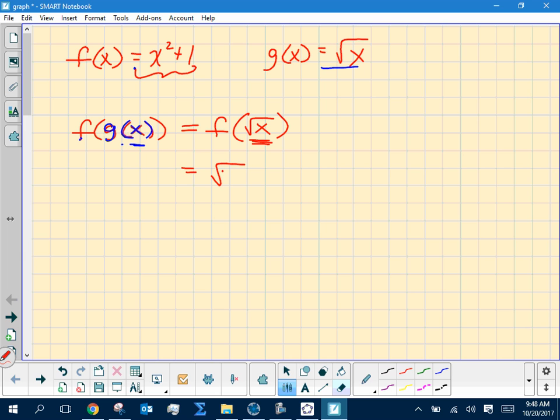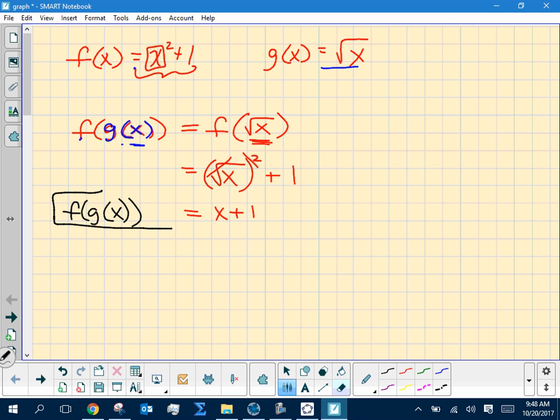So it becomes root x going in for that spot right there. But you're going to square it and then add 1. And we're going to simplify. The root and the power cancel out, and it leaves you with x plus 1, right? So right now we know that f of g of x is equal to x plus 1.